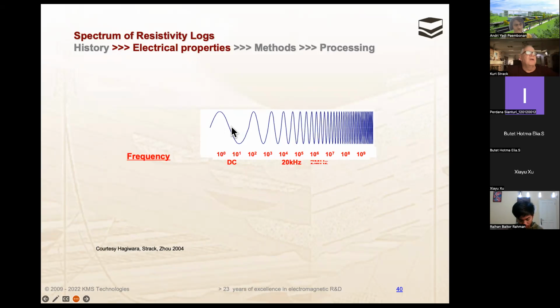And we have high frequency methods going up to gigahertz, which are used for imaging tools. But normal logging tools use 20 kilohertz. And 2 megahertz tools are dielectric tools. So the physics here is, in the DC method, conduction. In the 20 kilohertz, we have induction, and then at higher frequencies, propagation tools.